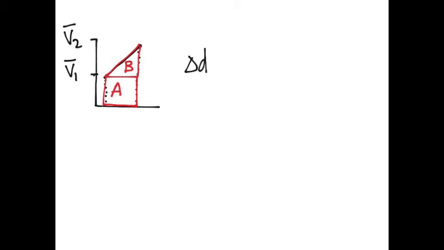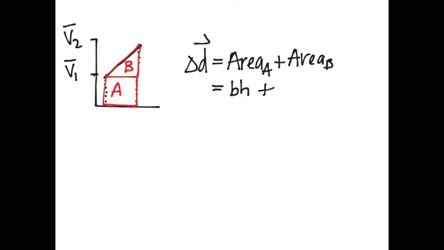So the equation for displacement would be area A plus area B. Area A is a rectangle whose formula is BH, and area B is a triangle whose formula is BH over 2.